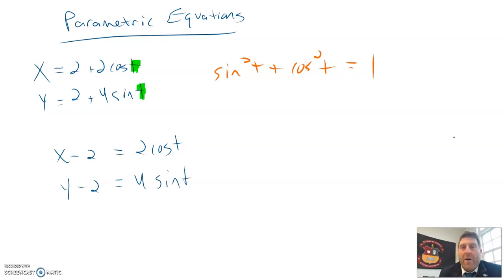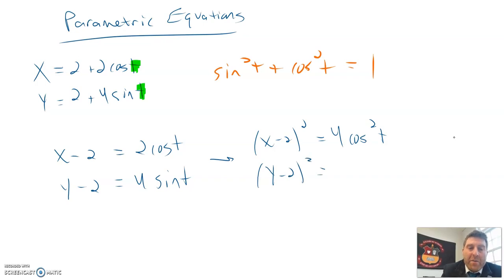Now that gives us an easier opportunity to square both sides. So x minus 2 squared will be 2 cosine t squared, which ends up being 4 cosine squared t. We'll do the same thing with y minus 2 squared, which is 4 sine t squared, which is 16 sine squared t. Now I can see the cosine squared and the sine squared t coming to life in this parametric equation.